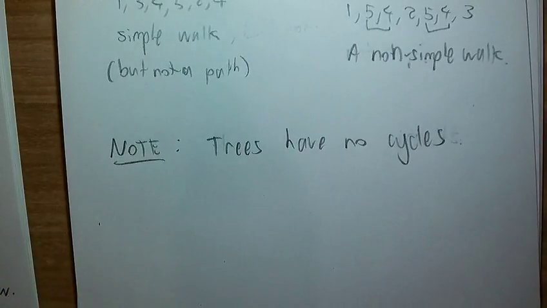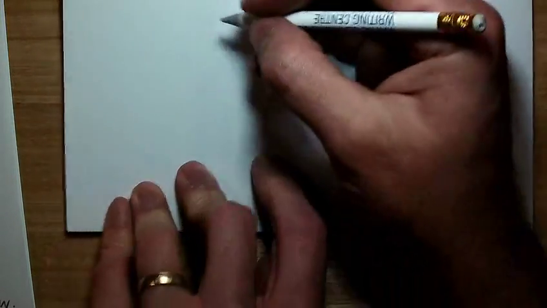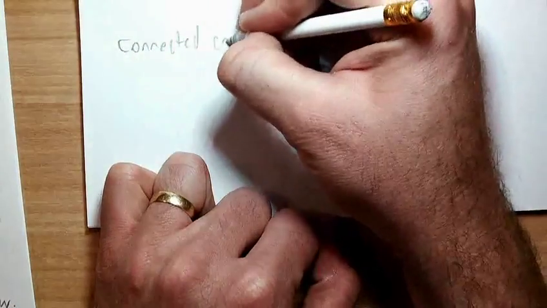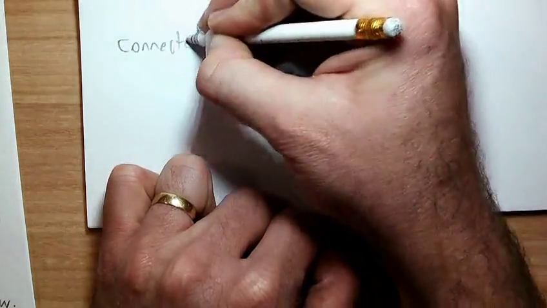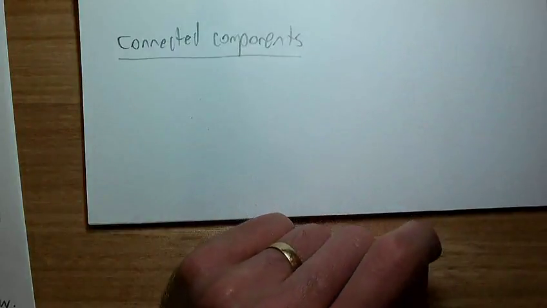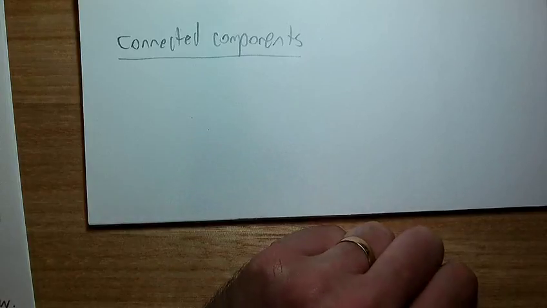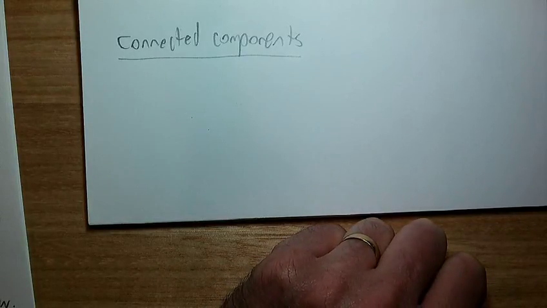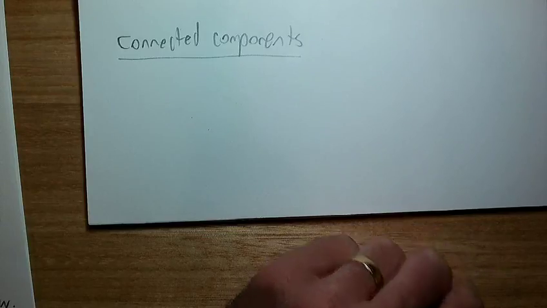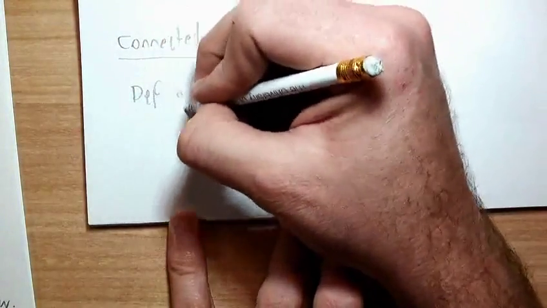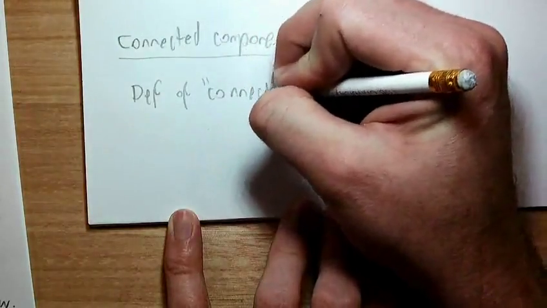Okay, we've done that. So other things we can find inside other things is connected components. But I should just say what the word connected means while I'm at it. So the connected components would mean the parts of it that are connected to themselves. There's a definition here. I'll just put the definition of connected in here.